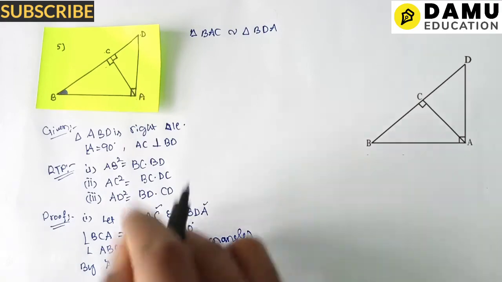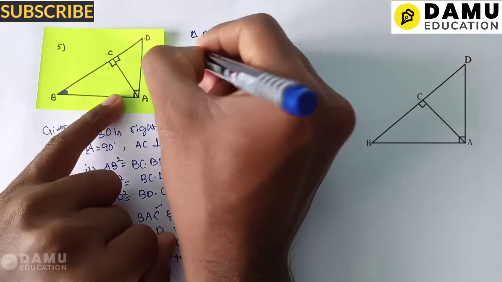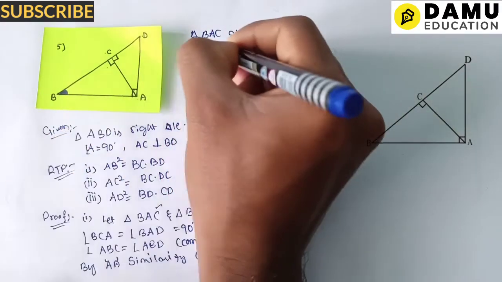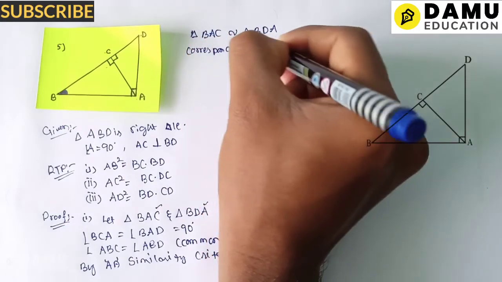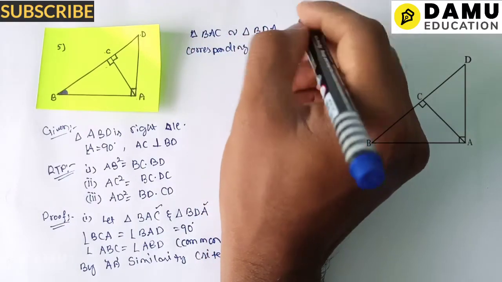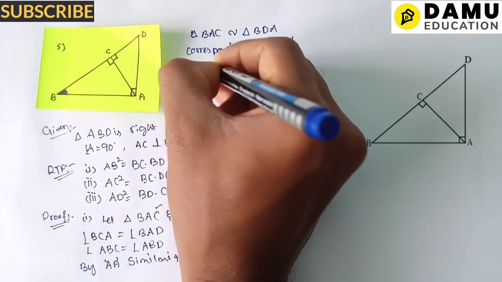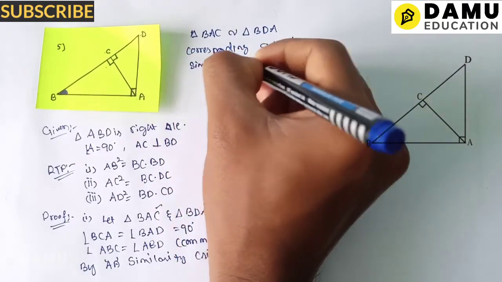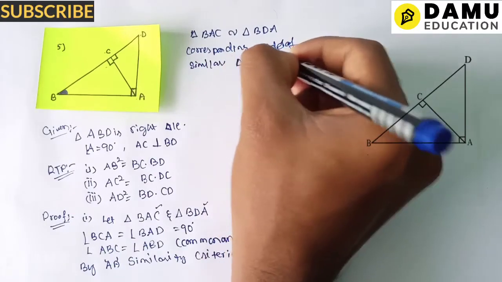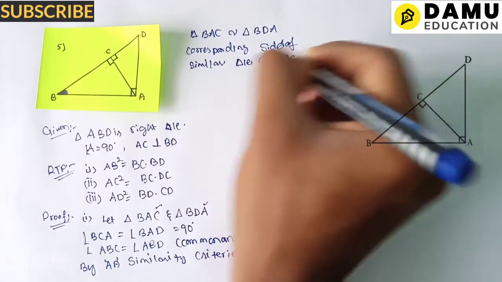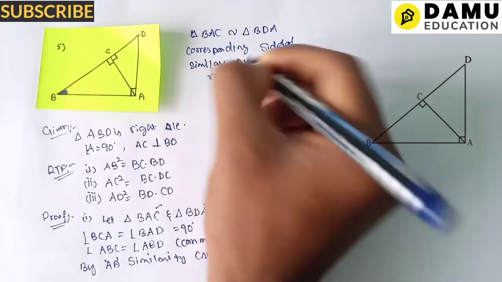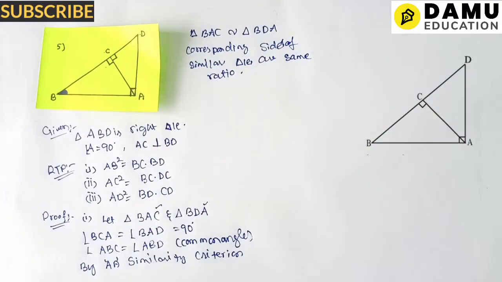Then write the statement: corresponding sides of similar triangles are in the same ratio. Or you can write, the ratio of corresponding sides of similar triangles are equal.